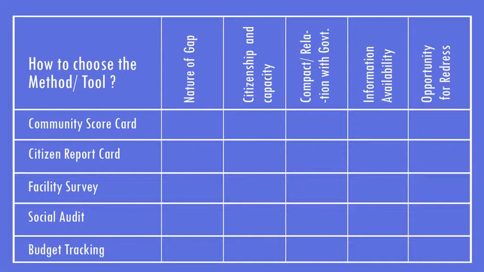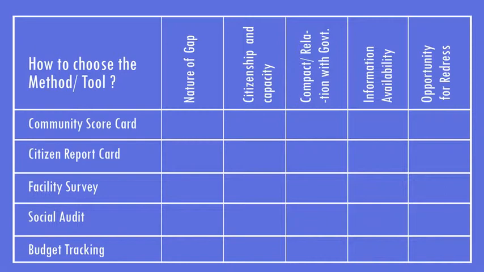People are reviewing data to see whether the government data and documentation reflects community experience and situation. And as we all know, social audit received its impetus from the Mazdoor Kisan Shakti Sangathan work around Panchayati Raj entitlements. But social audit and budget tracking require a lot of information availability. Without information, you cannot do social audit. Right to information came because the data was not available.